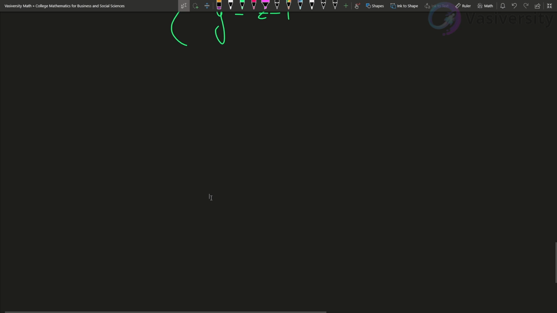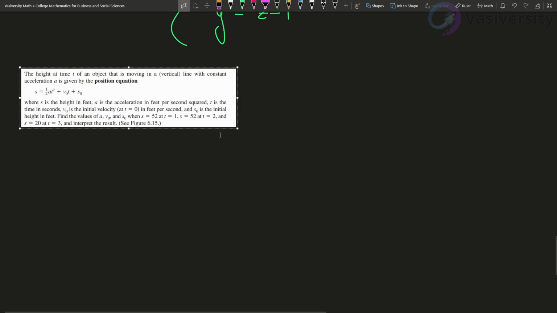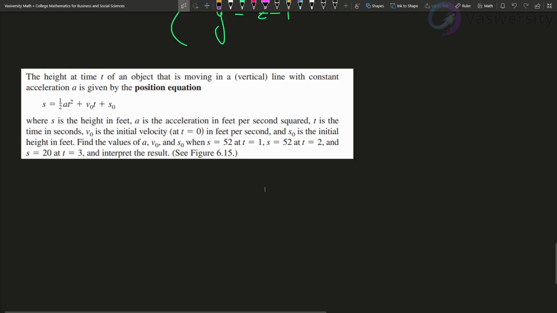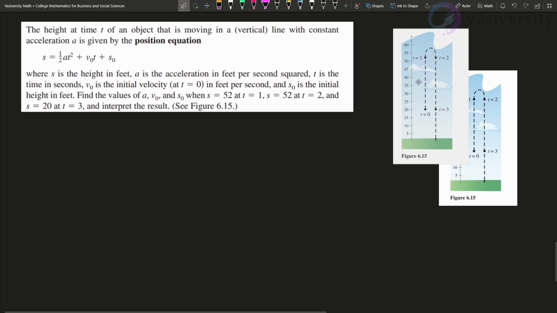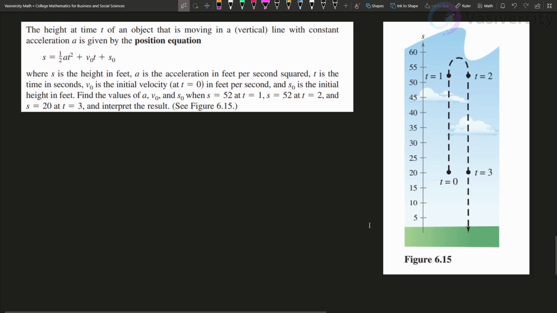So here we have the height at time t of an object that is moving in a vertical line with a constant acceleration, which is given by the position equation. The position equation is provided to us, and here's a picture of how it looks.